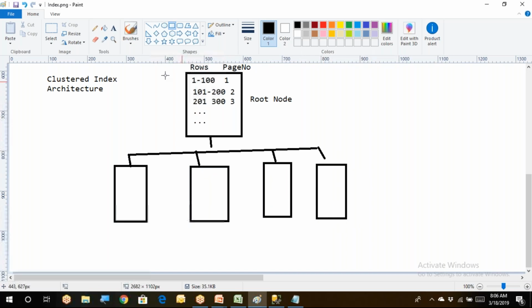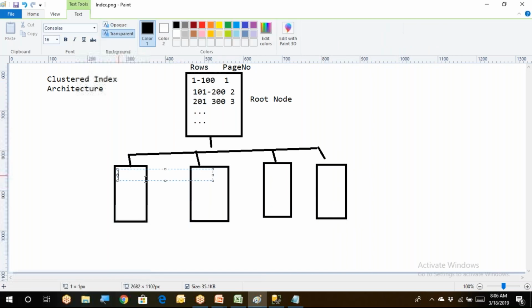Now here it says row number 1 to 10 is available in page number 1, 11 to 22 available in page number 2. Like that it is going to organize the data.